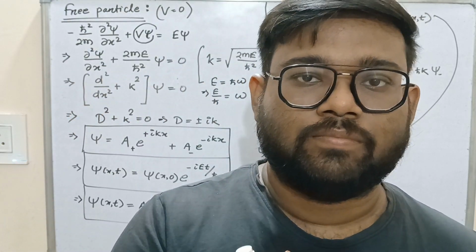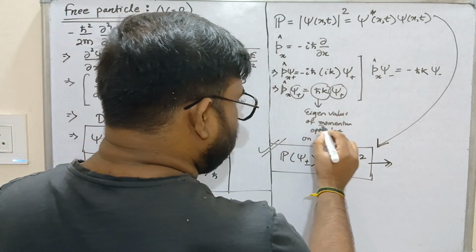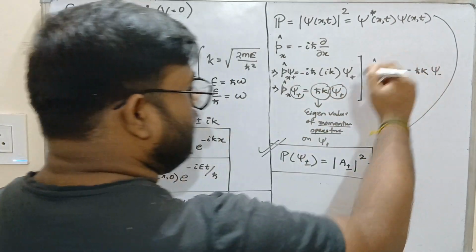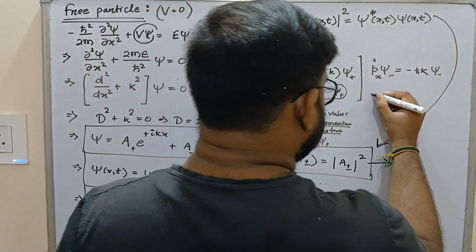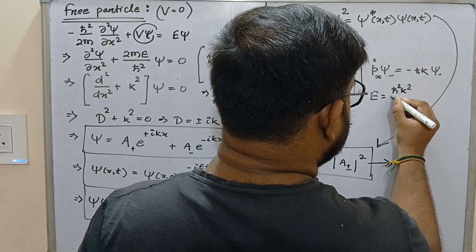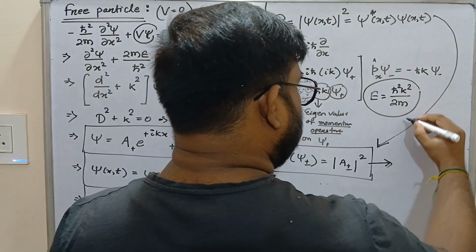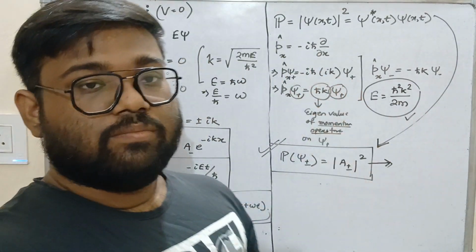What is that problem? Here the eigenvalue of the momentum is coming out to be exactly h bar k or minus h bar k. It is coming out exact. And if I have to write the energy of it, it will be h bar squared k squared by 2m. This is the energy which is coming out to be an exact value. The momentum is coming out to be an exact value.